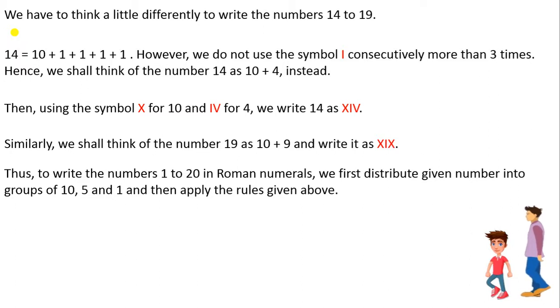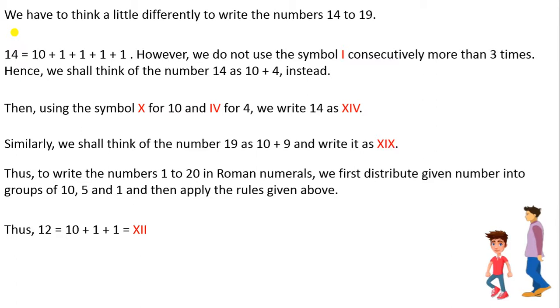So I am explaining one example here. If I give number 12, then 12 will be distributed as 10 plus 1 plus 1, and we can write the number 12 as XII in Roman numerals. Yes, teacher, I understand all this. Can I give some examples?